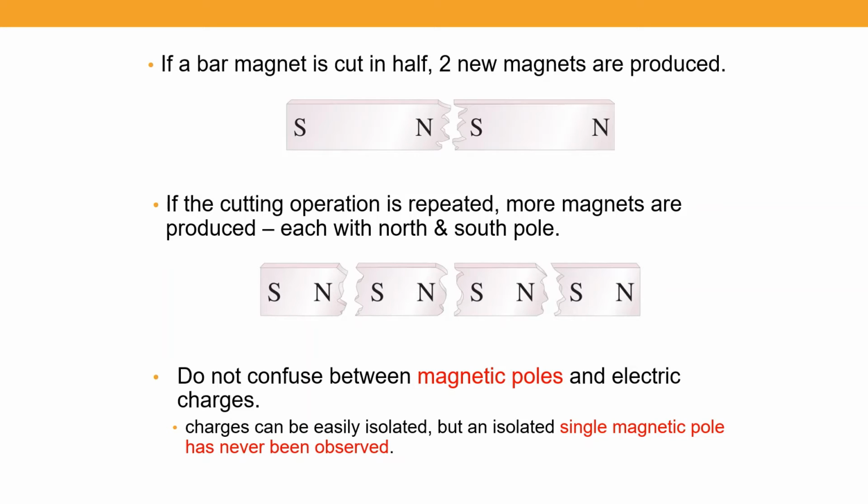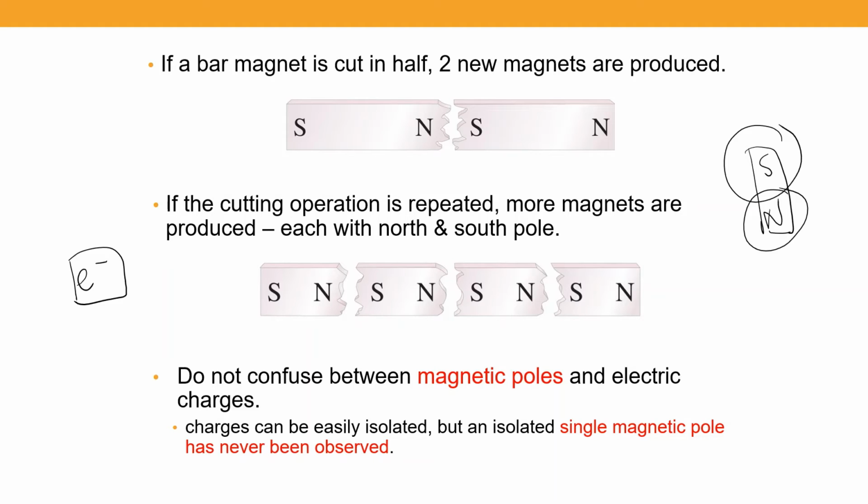For example, if I say that there is a proton or electron here, that doesn't mean that there exists an electron over here. You don't need a proton. But if I say I have a magnet with the south pole over here, then there must be a north pole over here. There cannot exist a magnet with only the south pole or only the north pole. So that's the big difference between magnetism and electricity.